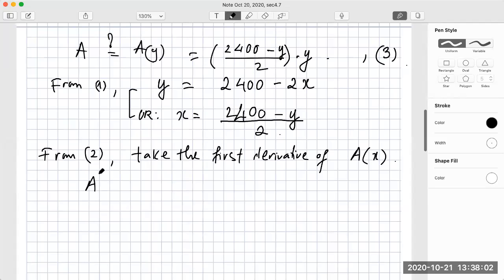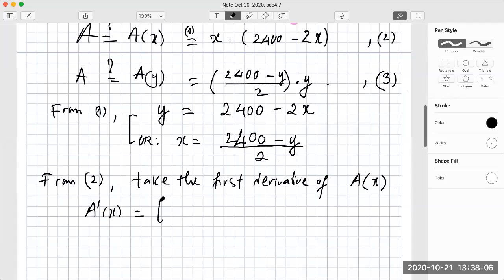And we have that A prime of x, which will be the derivative of x times (2400 minus 2x). It is a product. You can distribute this product and then take the derivative, or you can use the product rule.